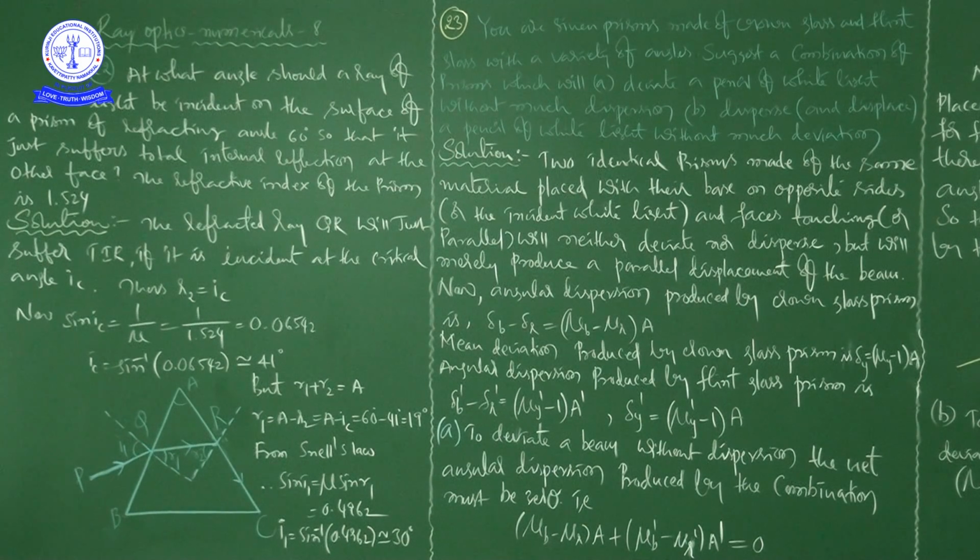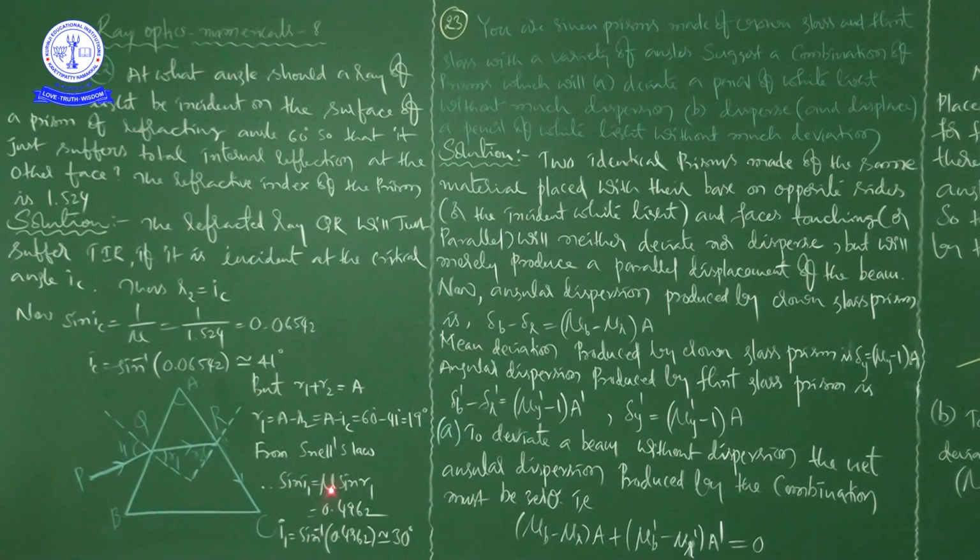From Snell's law, mu is equal to sin I by sin R. It is the second law of refraction, right? Here sin I1 is equal to mu into sin R1. If you substitute these values, mu is 1.524 and R1 is 19 degrees.